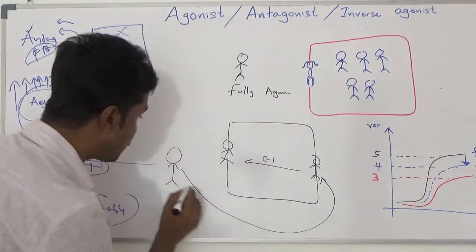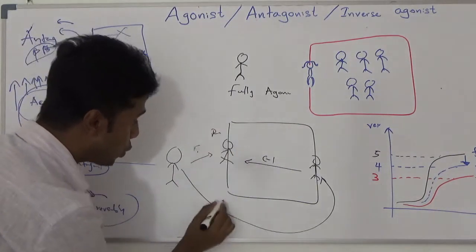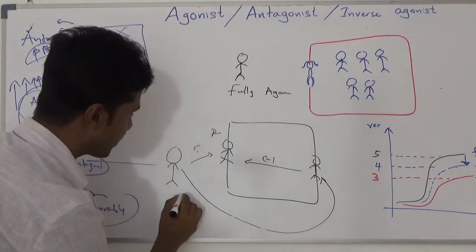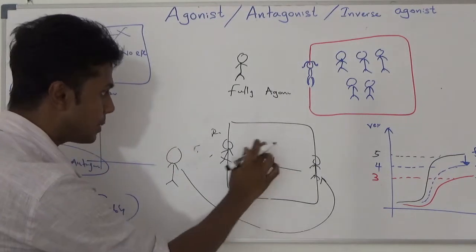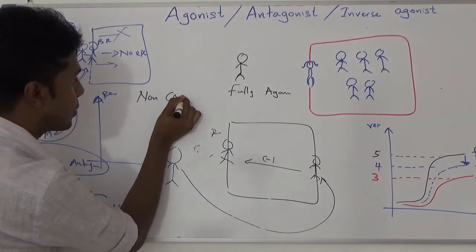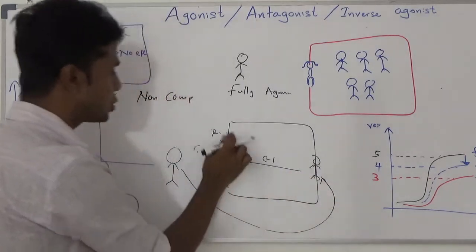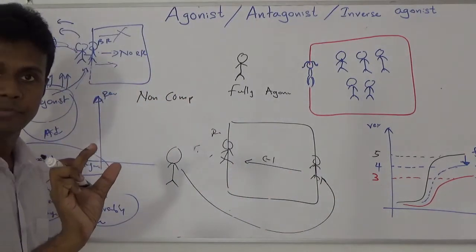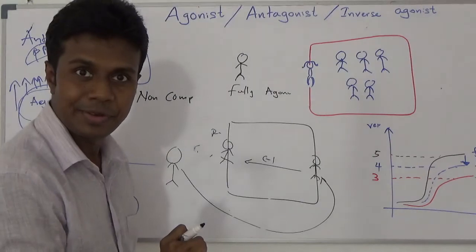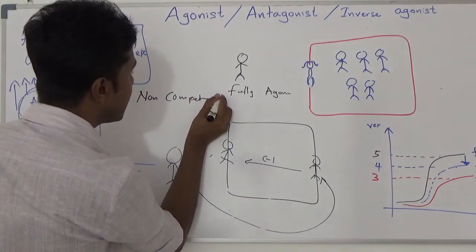They are not going to compete for receptors. This one is the receptor. They are not going to bind to the receptor. Because of that, we call it non-competitive. There is no competition. They can easily go and bind here and send impulses to the receptors. Don't marry. So non-competitive inhibitor.